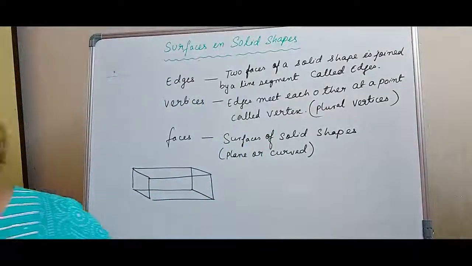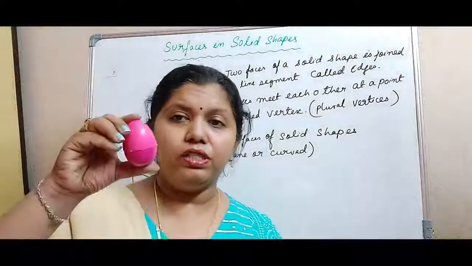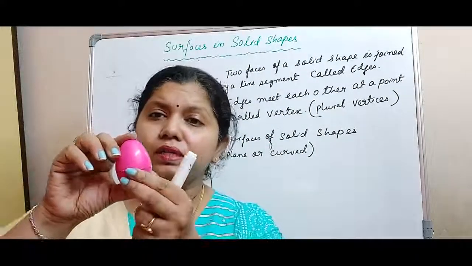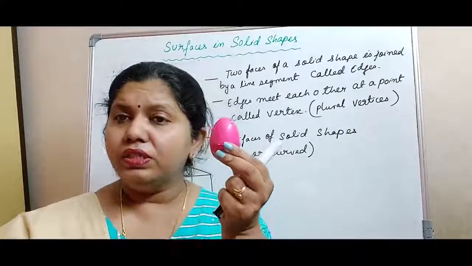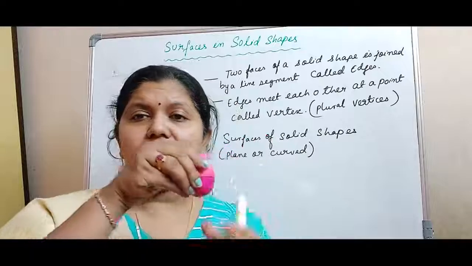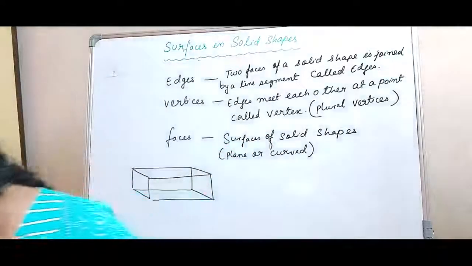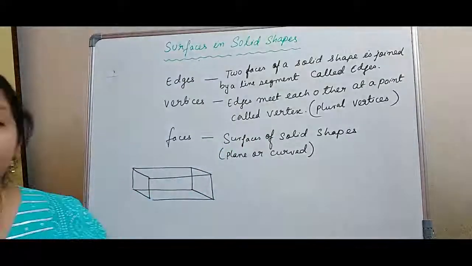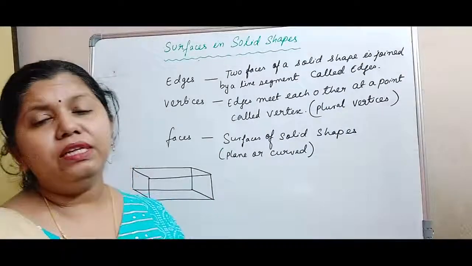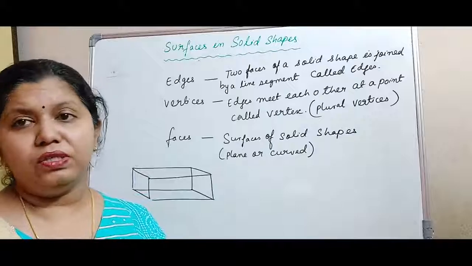If I take this particular solid shape, it only has a curved surface. It doesn't have any flat face on it. So I hope it is clear what is face, what is edge, and what is vertex in case of a solid shape.